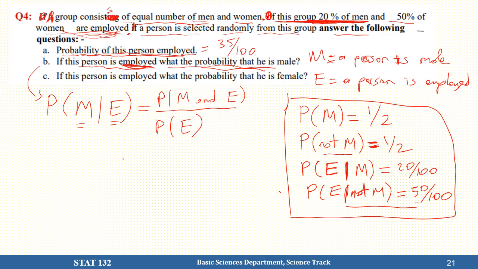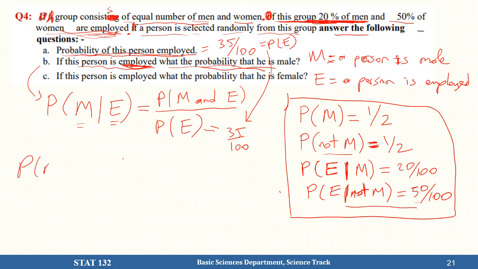Now we did this calculation before. This is the probability of being employed. Now the only thing we have to do is the probability of male and employed. So this one, we already know that one from the first part. This is 35%.